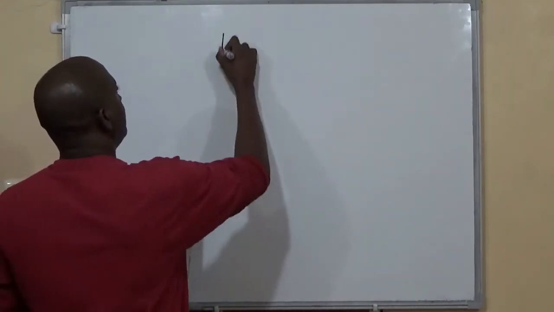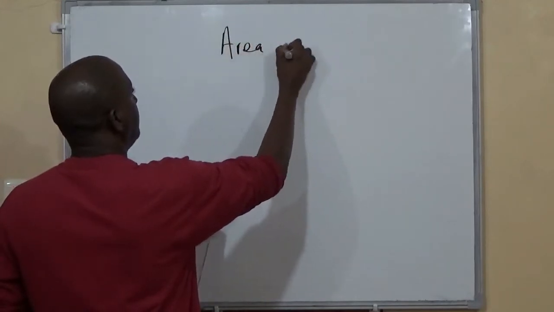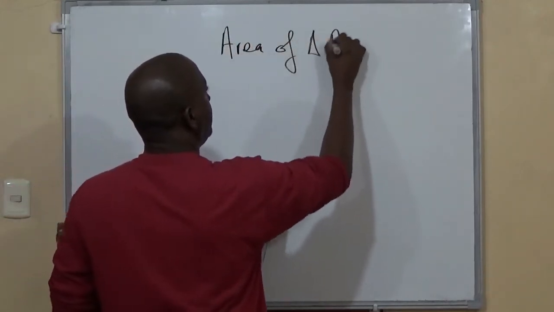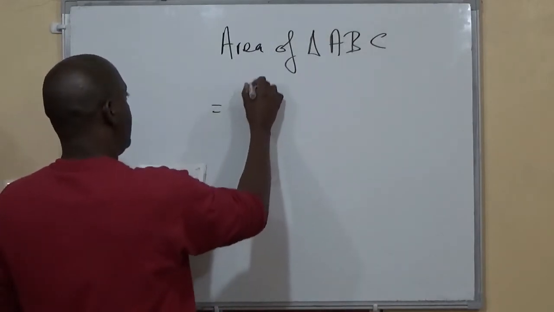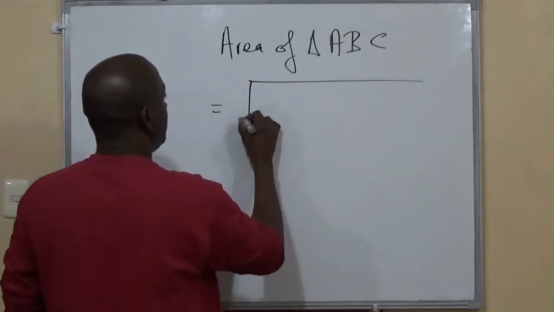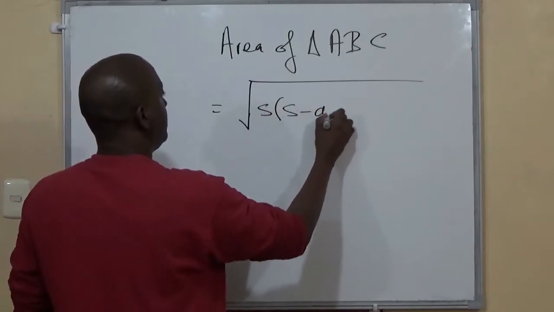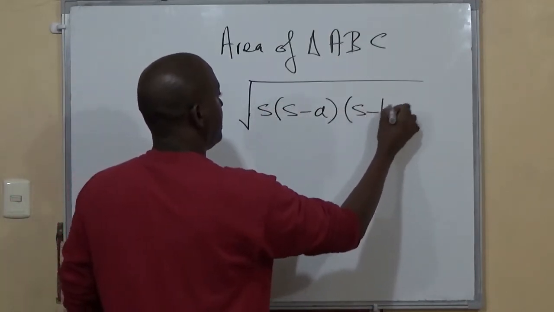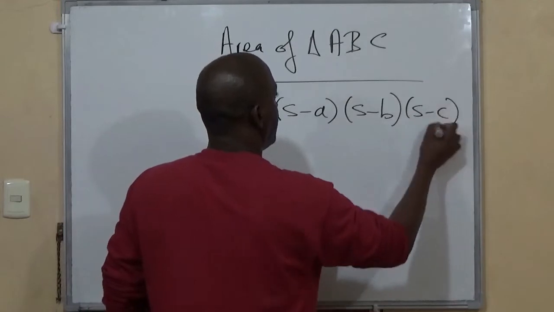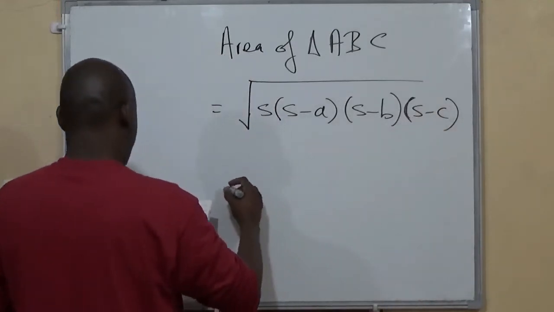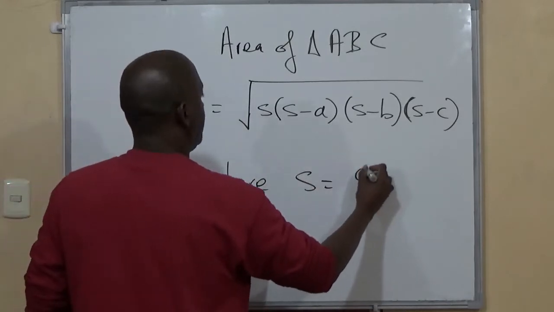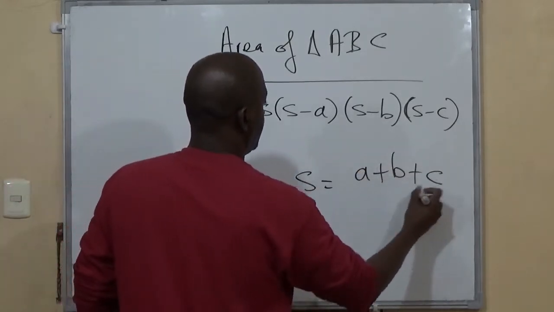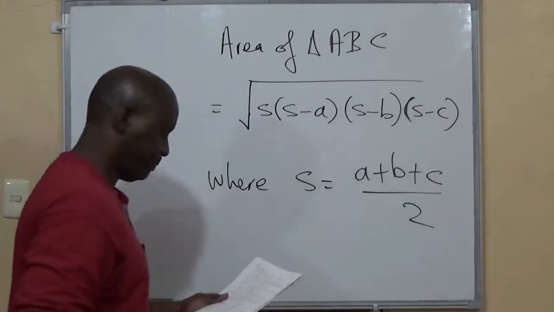They say area of triangle ABC is equal to the square root of S into S minus A into S minus B into S minus C, where S is equal to A plus B plus C over 2.